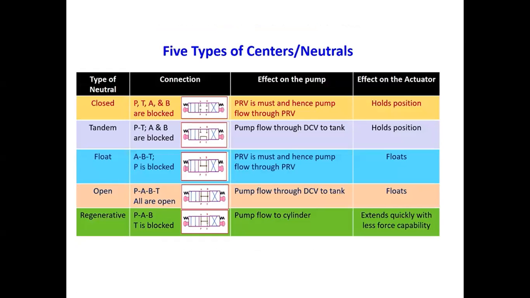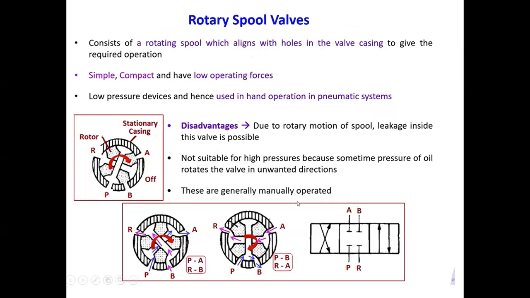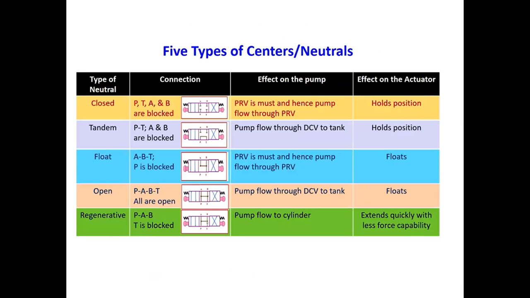Five types of centers in neutral. We can see closed, tandem, float, open, regenerative. Closed: PRV is a must and pump flow goes through the PRV; in effect the actuator holds position.